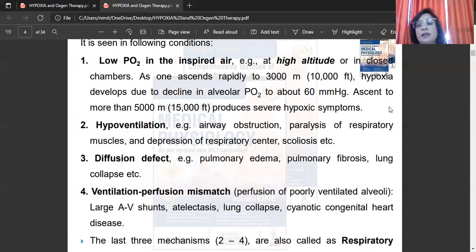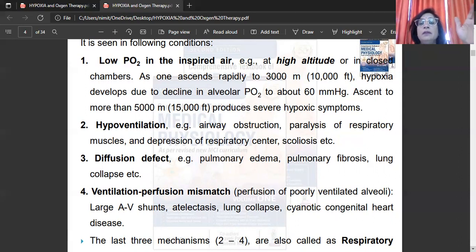So PO2 is decreased, and it affects respiration. If the ascent is more than 5,000 meters or around 15,000 feet, it produces severe hypoxic symptoms.